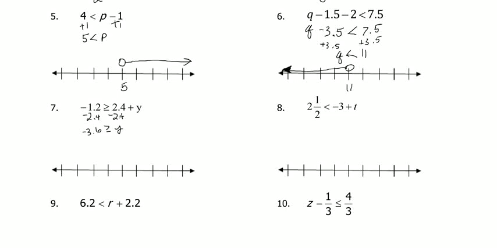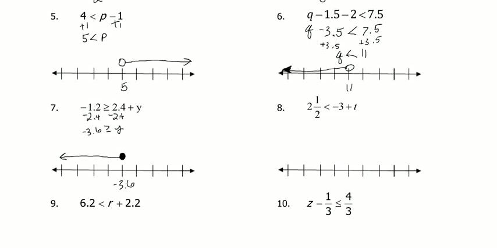So we put a negative 3.6 in the middle, and that's going to be a closed dot. And y needs to be smaller, so that's going to be everything to the left. Alright?